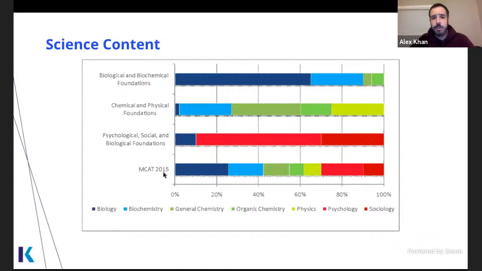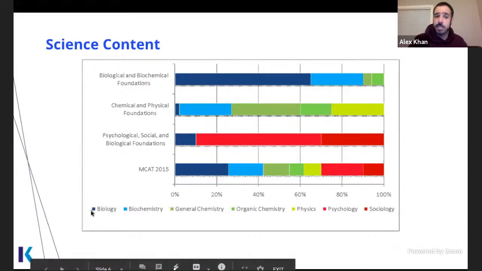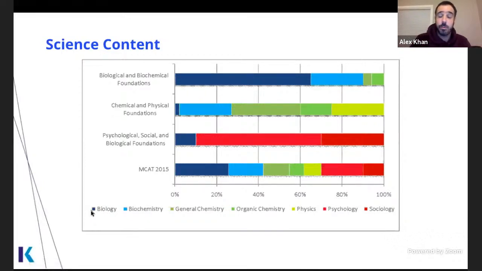Right, what we have here on the board is a nice little breakdown of the relative weight of the various topics within each section, right? And what's interesting about this is you'll see that the topics are not really just segregated to their own sections. For example, if we just look at biology, important information from that general topic ends up being tested naturally in the biological and biochemical foundation section, but it also creeps up just a tiny bit.